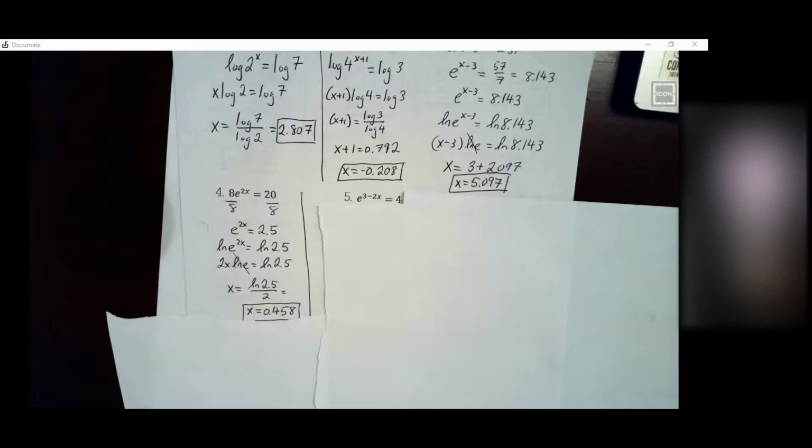For this one, can we just take the natural log of each side? Yeah, that's what I would do. Number 5 is nice and ready, unlike 3 and 4 that required a bit more cleaning up.